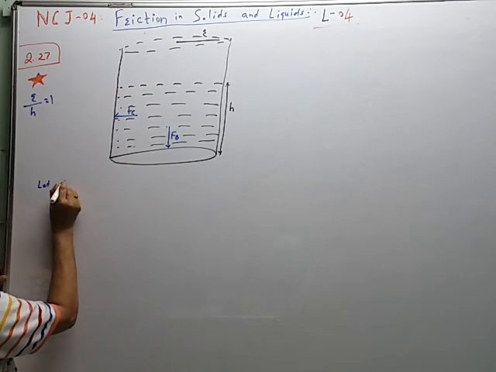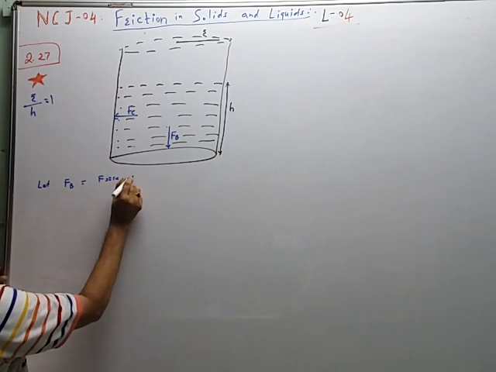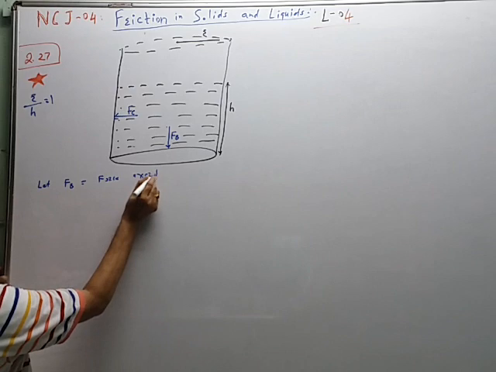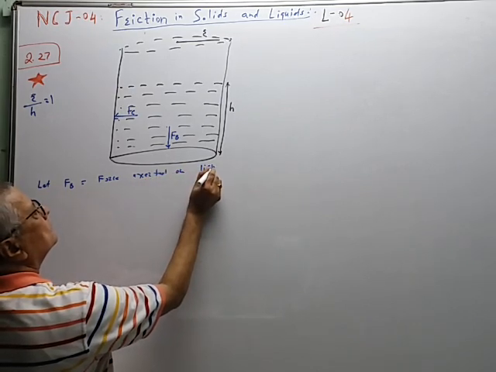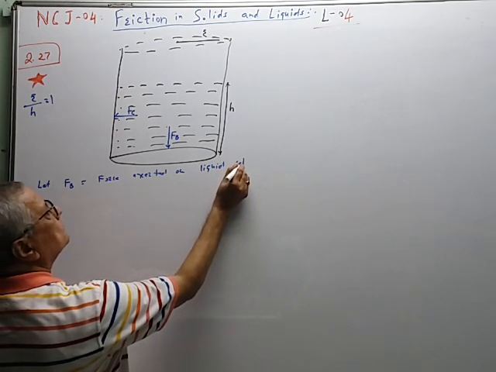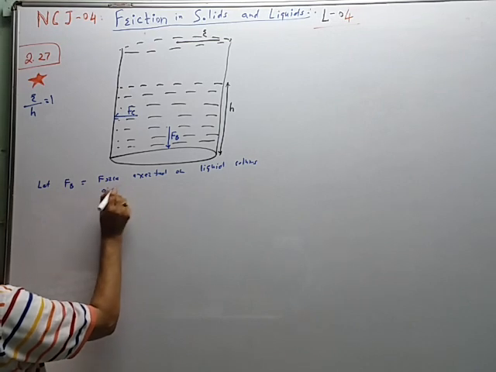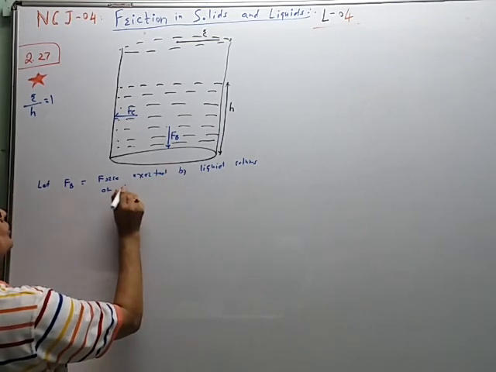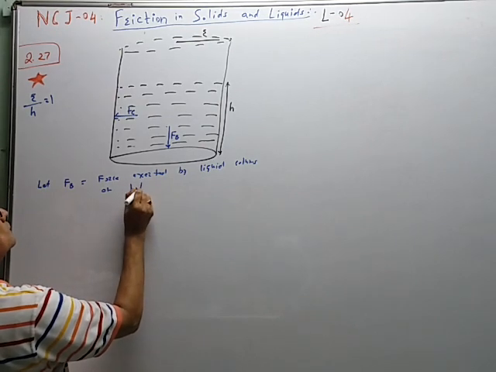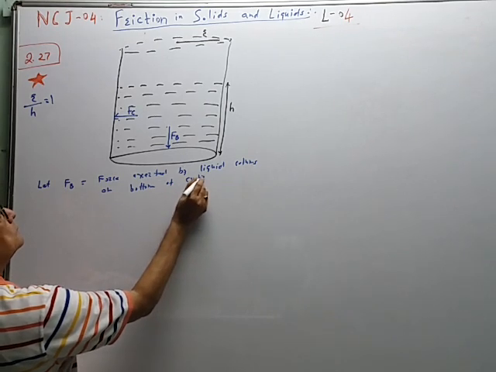Let FB is equal to force exerted by liquid column on the bottom of the cylinder.